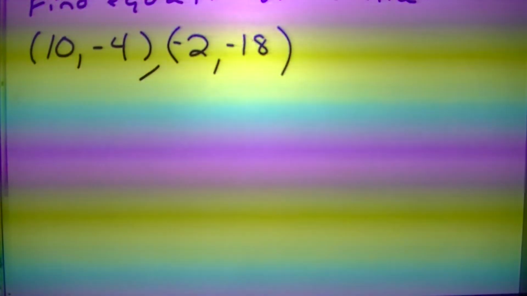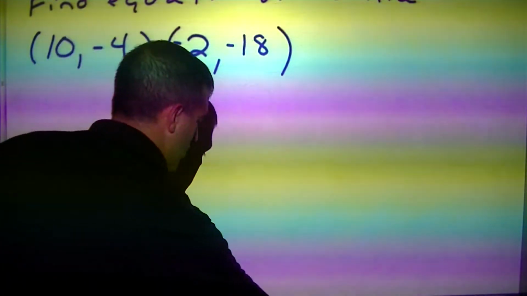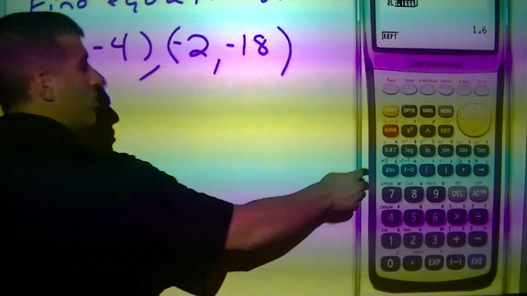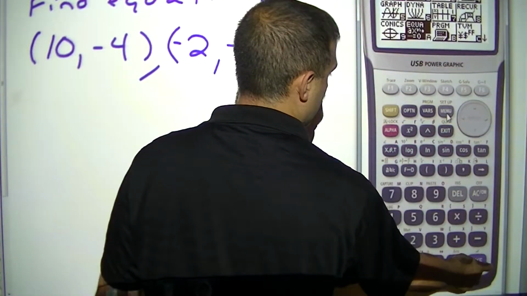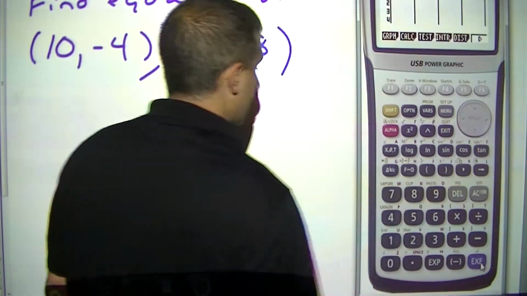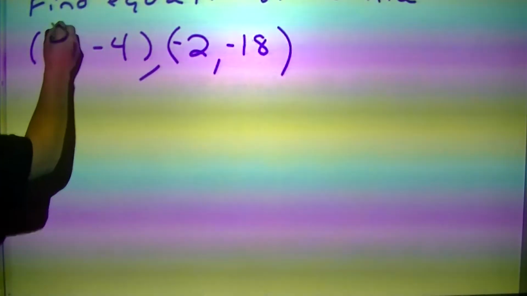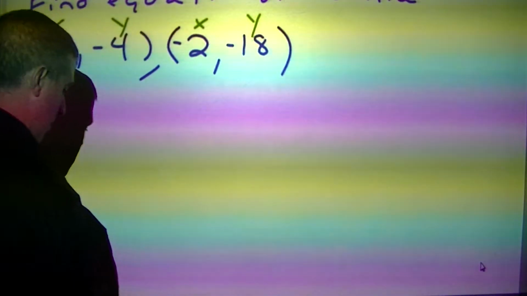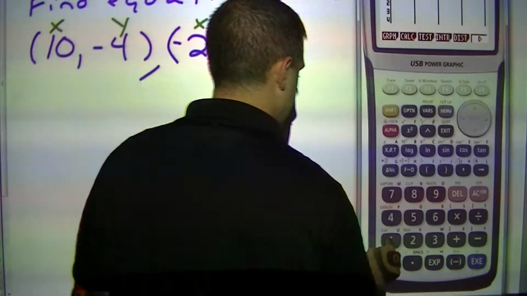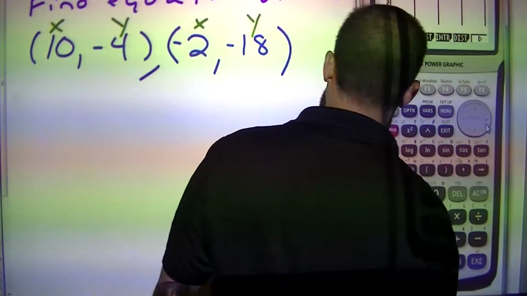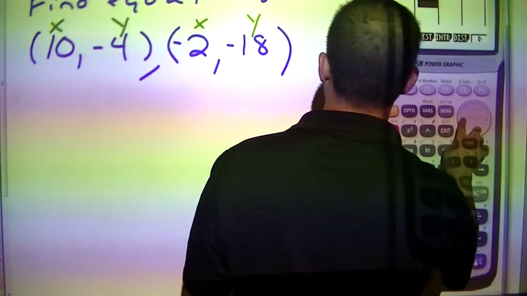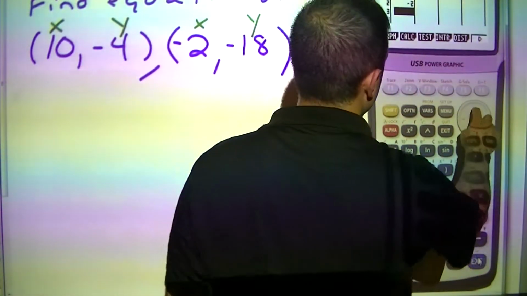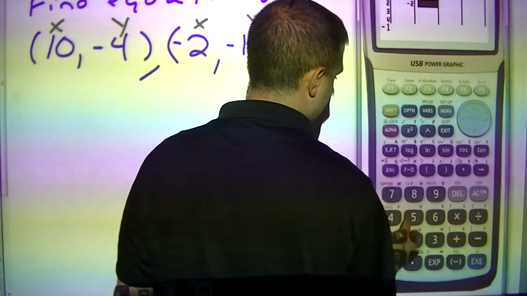So if I have those, I want to go into menu, go to stat, and type these in. This is my x, this is my y, this is my x, this is my y. So I type in 10, and next to it negative 4. Then I'll type in negative 2, and next to that is negative 18.